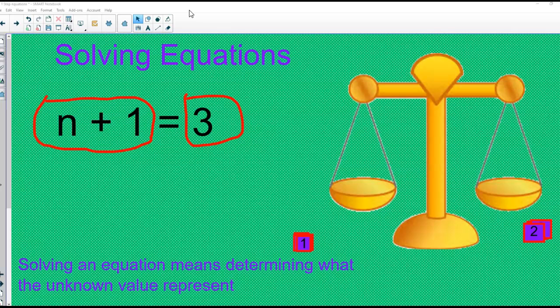So let's say that this scale over here on the right, okay? If I'm going to put some weights on it, okay? So on this right-hand side, this is 2 pounds, and so is this 2 pounds. So I have a total of 6. For a scale to be balanced, I need to have a total of 6 over here. It doesn't matter what it looks like.